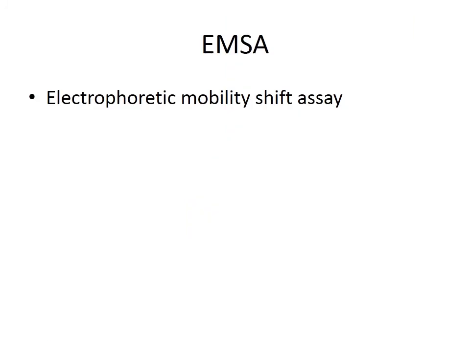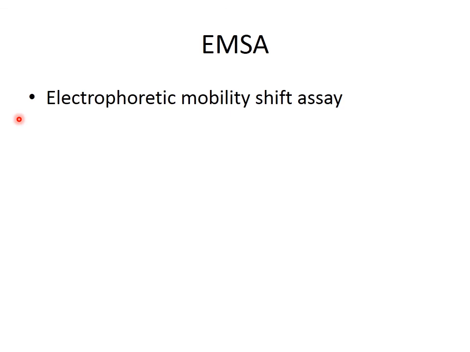Another important implication of electrophoresis is to study the interaction between nucleic acids and other substances. This mechanism is called electrophoretic mobility shift assay. If a nucleic acid, let us say a double-stranded DNA, is migrating in a gel, it will migrate at a certain rate and will occupy a certain position on the gel.